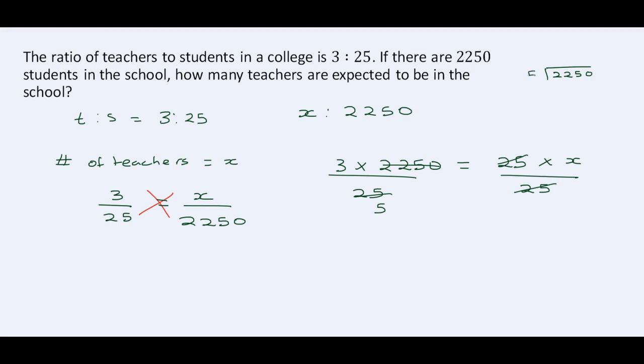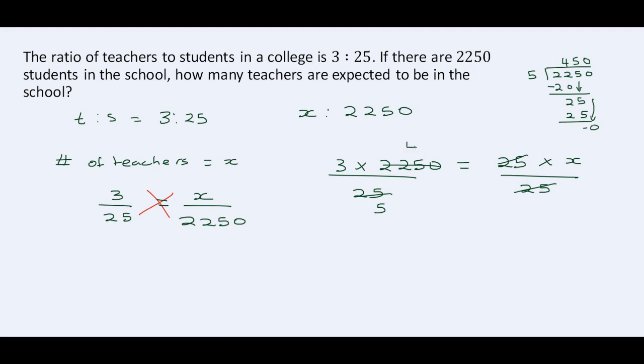2250 divided by 5. 22 divided by 5, we have 4 times. 4 times 5, we have 20. So we have 2. We bring down the 5 here. 25 divided by 5, we have 5. 5 times 5, we have 25. And then we got a 0 here. So this is just going to be 0.